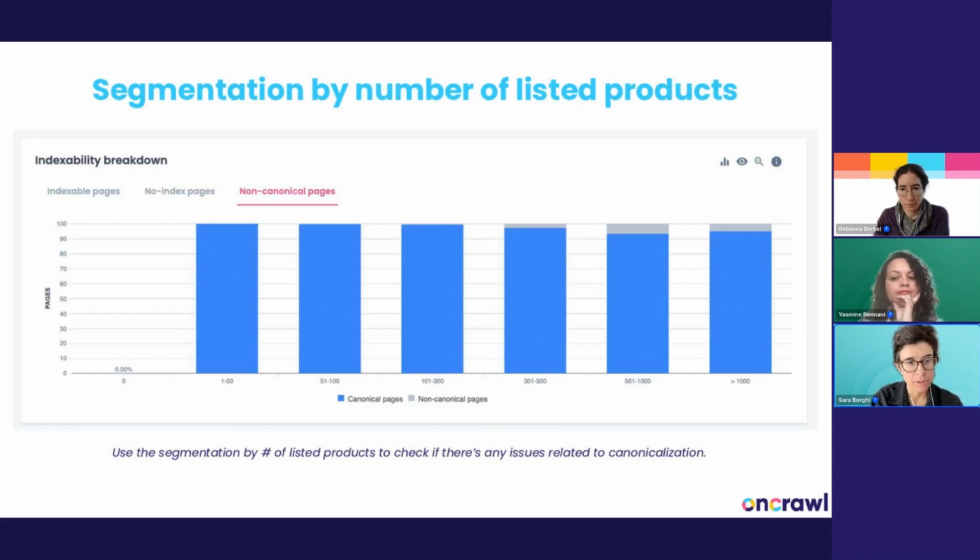Another example. So from this chart we can see that there's an issue related to canonicalization for the pages that have over 500 products.